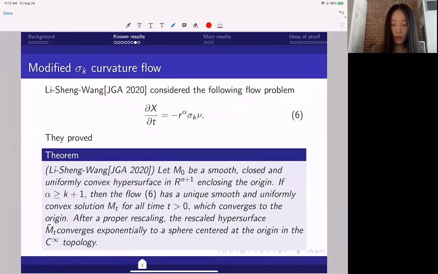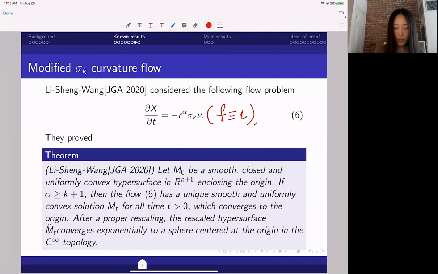Okay, so this considered the following flow problem, which is x_t equals minus r to the alpha times sigma_k times nu. This is equivalent to saying that our function f equals 1. So they didn't study the general function f, only f equals 1.